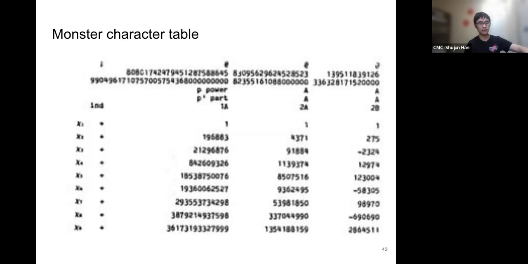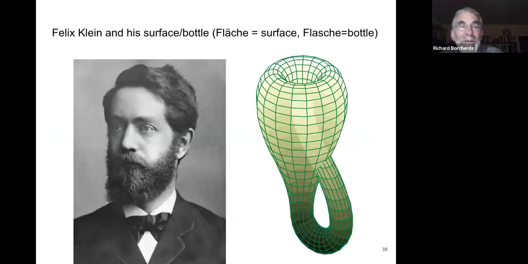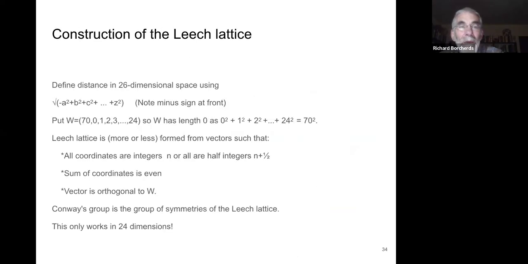Okay, thank you. Another question that we had is for the Leech lattice, there was a minus a squared. Is the a arbitrary, or is there some way to set what the a was? Let me just go back to this slide. We had this distance a, b up to z. Here we can think of a, b, c, d, and so on as just being real numbers.